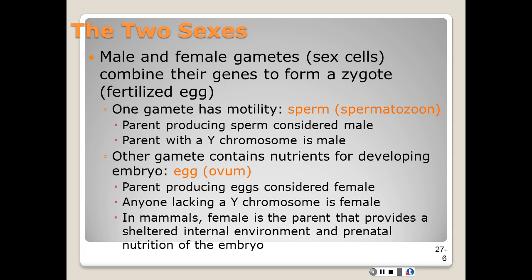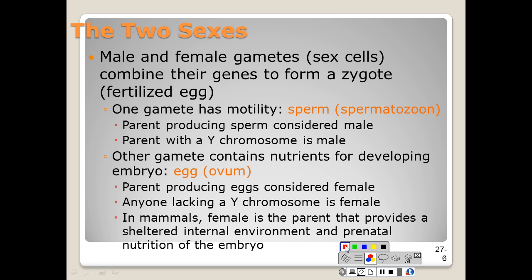We know that the male is the one that produces the sperm, and the male is the one that has the Y chromosome. Now the egg is the one that contains all the nutrients necessary for the embryo to be developed. The female carries those eggs, and the female is the one lacking that Y chromosome.